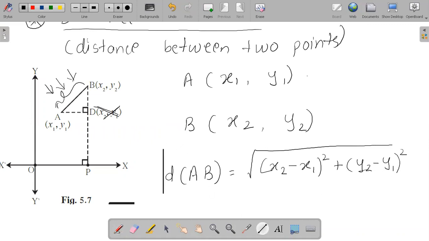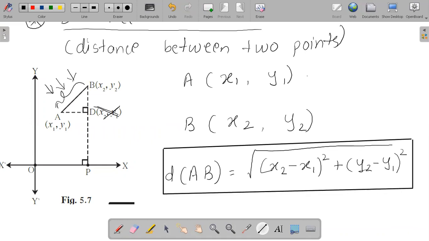Once you use this formula and simplify the sum, the answer you get will be the distance between the 2 points, A and B.